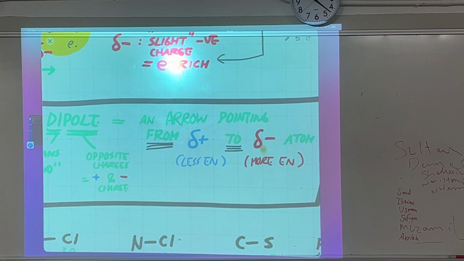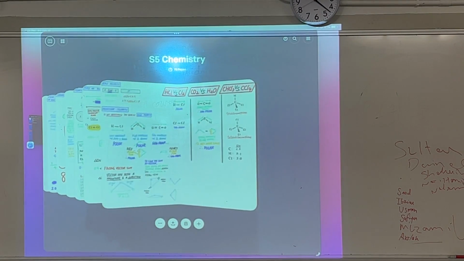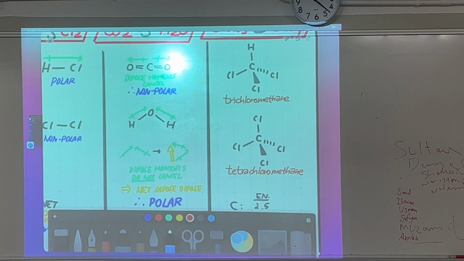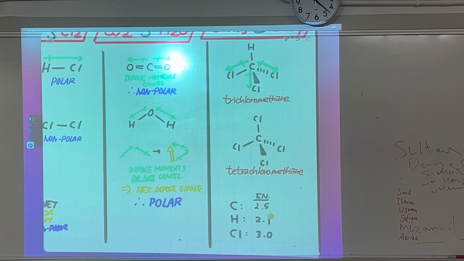So ask yourself, C and Cl, which one is less electronegative? C. So therefore the dipole should point from C to Cl like this. So draw three of these. What about between H and C? How should the dipole point for H and C? H towards C. Yes, H towards C.